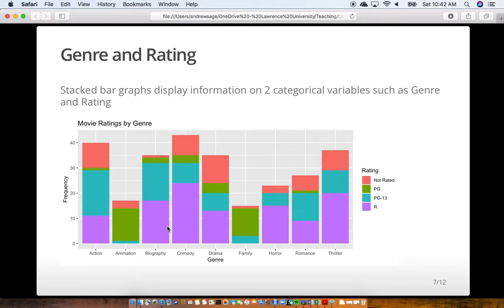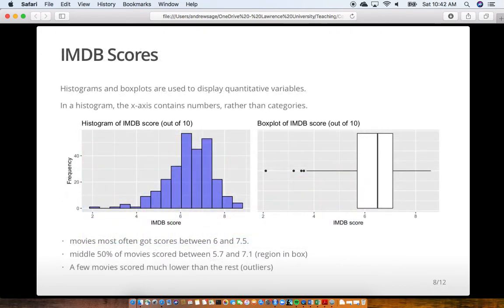Bar graphs are good for displaying categorical data, but when we want to display a quantitative variable, we'll use either a histogram or a box plot. A histogram is like a bar graph, except that the x-axis now represents a range of numbers.